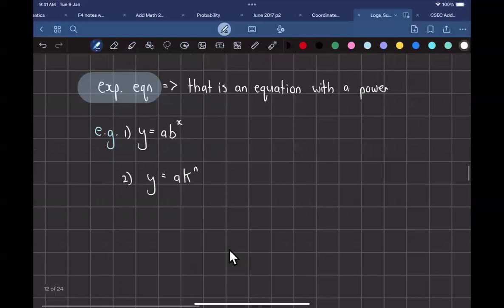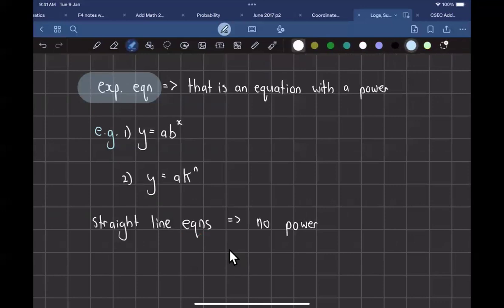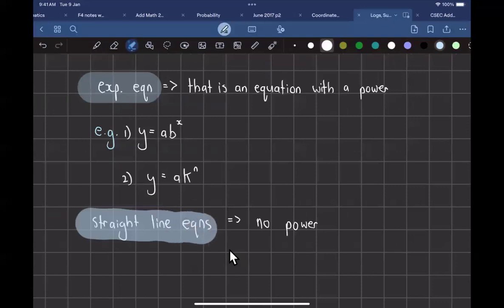Let me look at straight line equations now. Nicholas, I'm sure you can give us some examples here. Straight line equations just don't have any power in it, right? No power. So give me an example of a straight line equation.